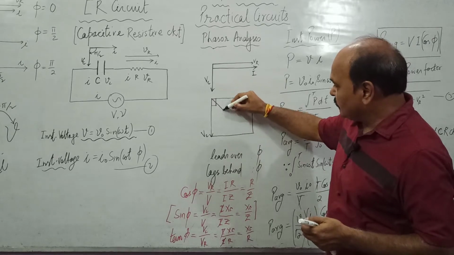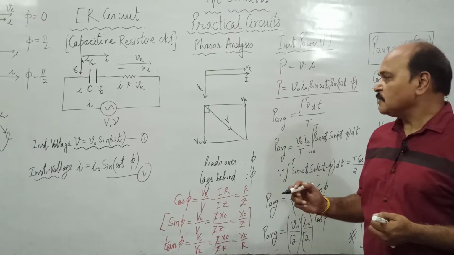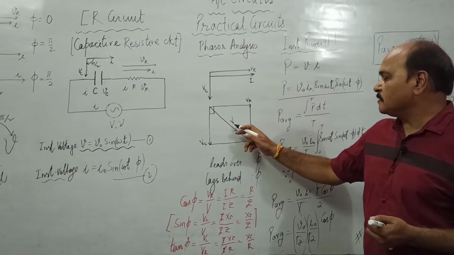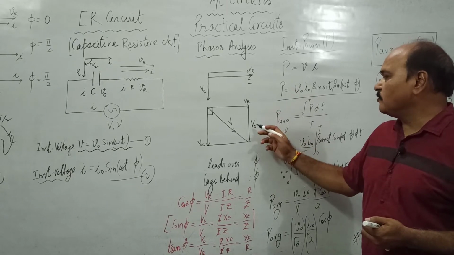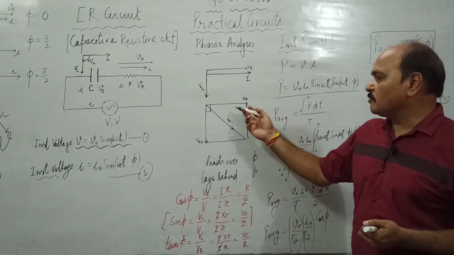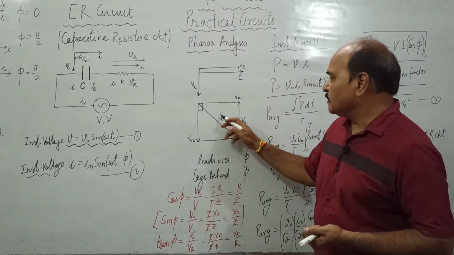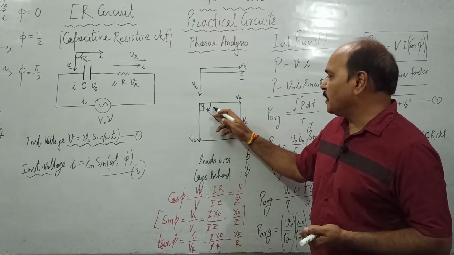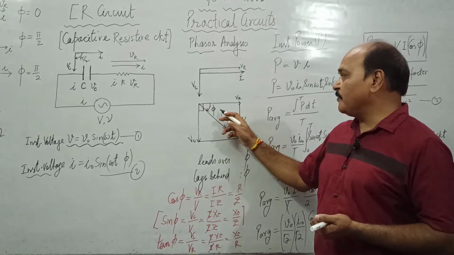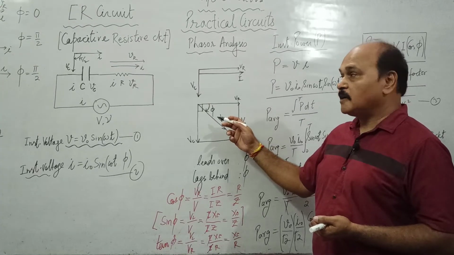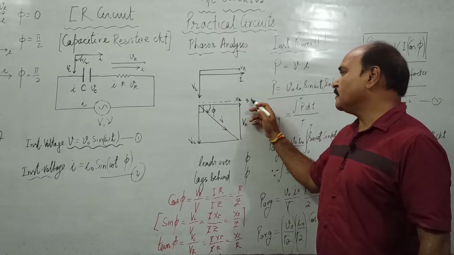This is their vector sum, V. So this V is the overall voltage, the vector sum of VC and VR, which is the square root of the sum of their squares. This overall voltage V lags behind VR by phase phi. And VR is in the same phase with current.